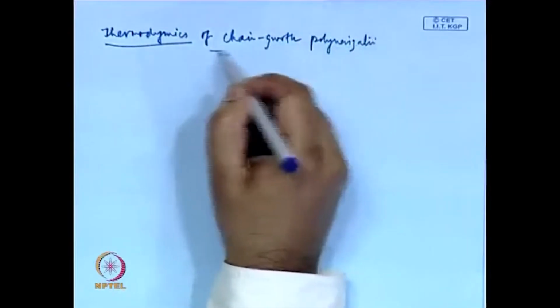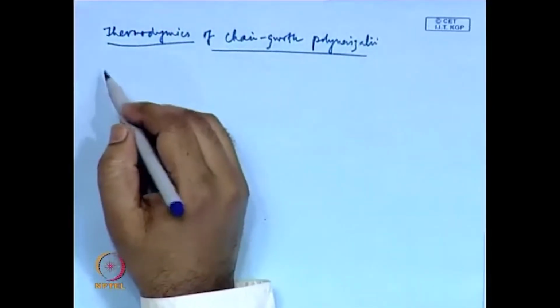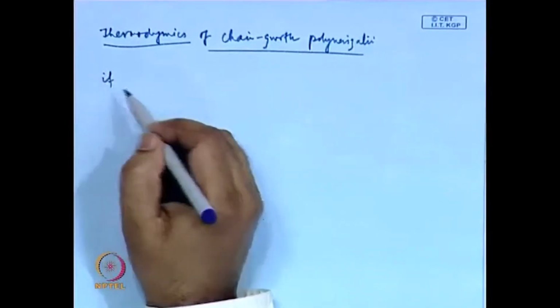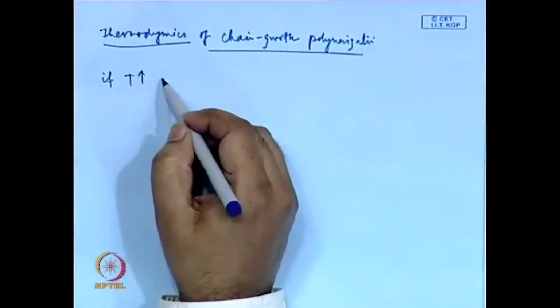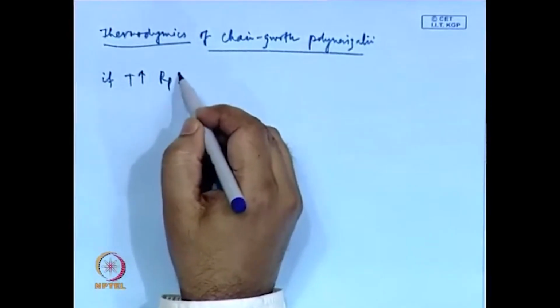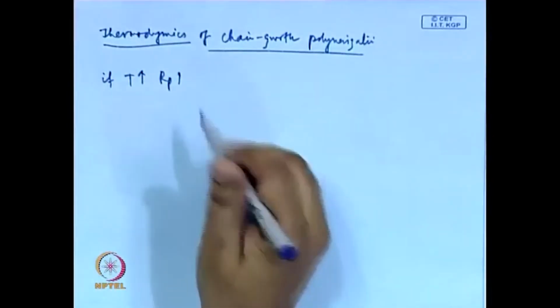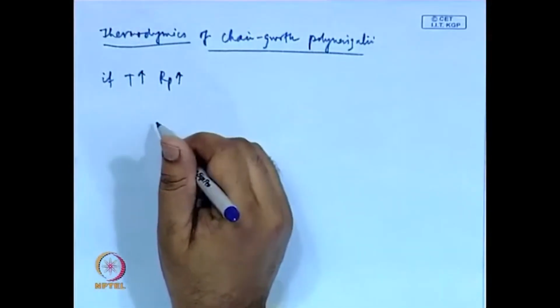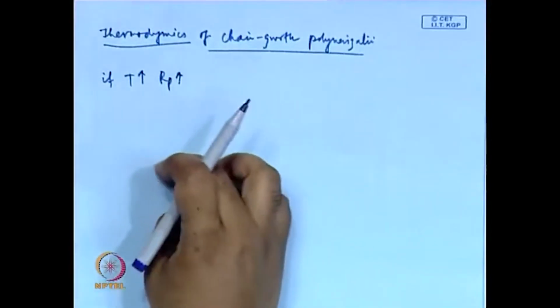Now, we have just concluded that if T goes up, Rp goes up. We just concluded in our discussion a few minutes back. Now, does it mean that if you keep on increasing the temperature, rate will always go up?